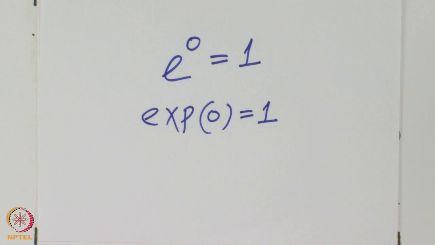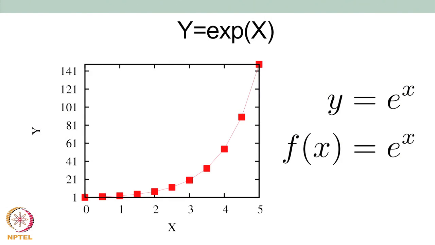So that is why the y-axis in the curve would start with 1. So in the graph on the computer we will have the y-axis starting with 1. When x is 0, y is 1. When x is 1, y would have some value and so on and so forth.